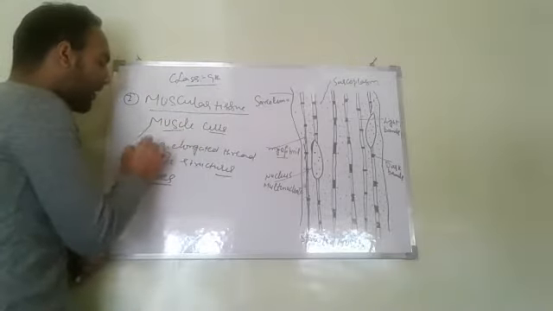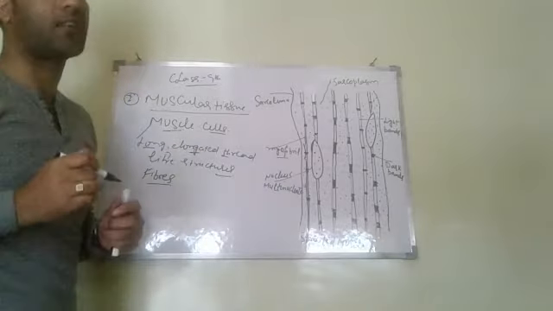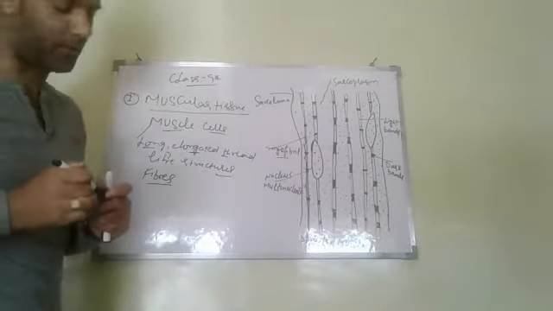These muscle cells are long, elongated, thread-like structures. Hence, these muscle cells are also known as muscle fibers.